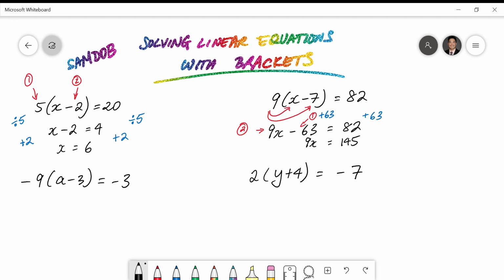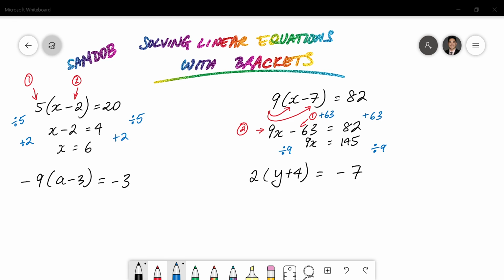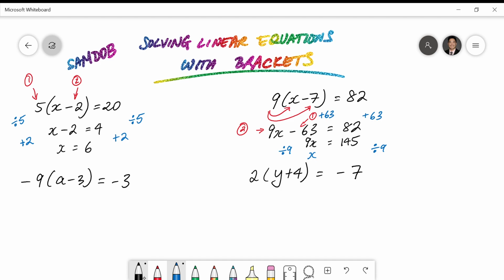If it asks for a fraction, then you would do as required. So in this case, to get rid of the 9, I'm going to divide both sides by 9, and x is equal to 16.1.